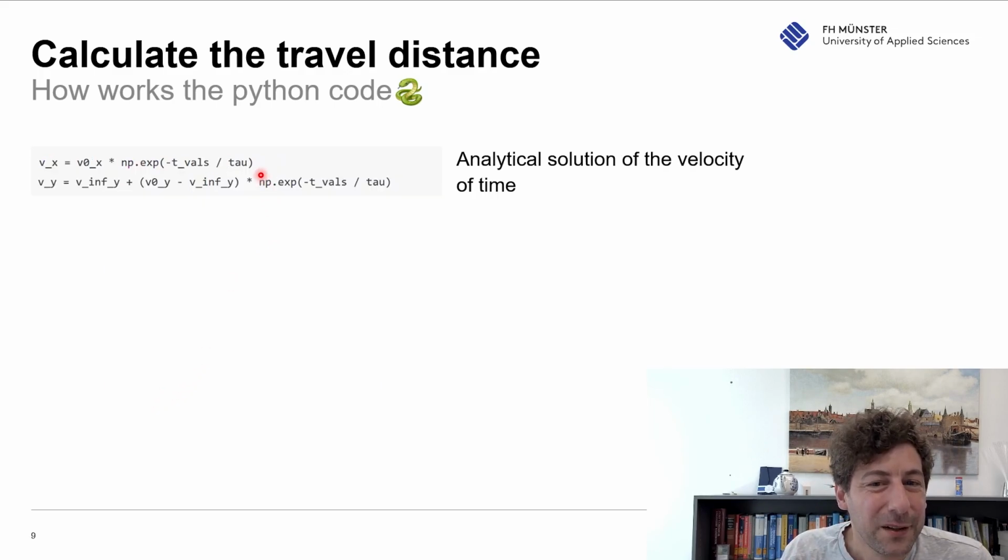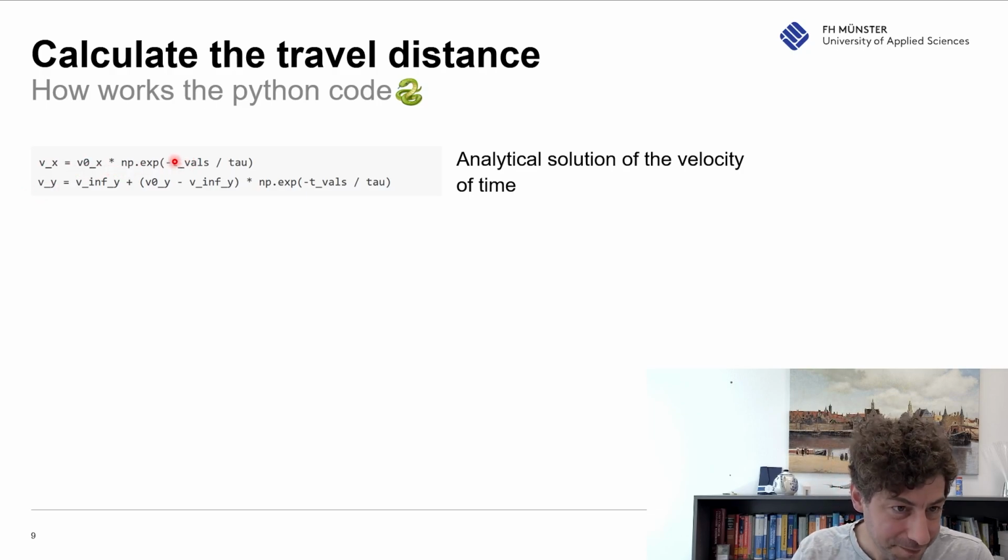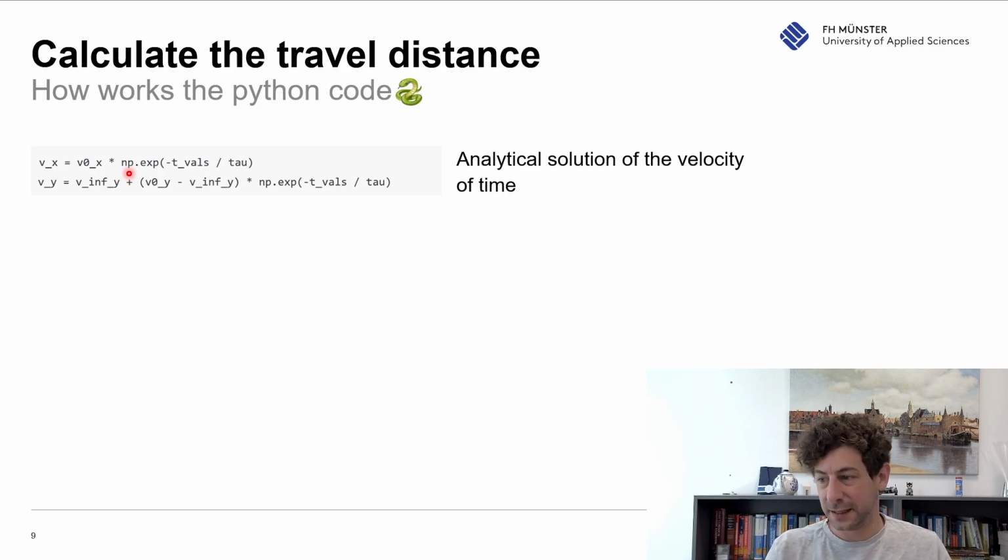So what we have here is now an analytical solution of the velocity over time. So we have an x velocity and a y velocity, and the x velocity is basically decreasing with time, and that's the function. So here we need the time constant tau, and the larger the mass, the larger this time constant, and this means the slower this function decreases.